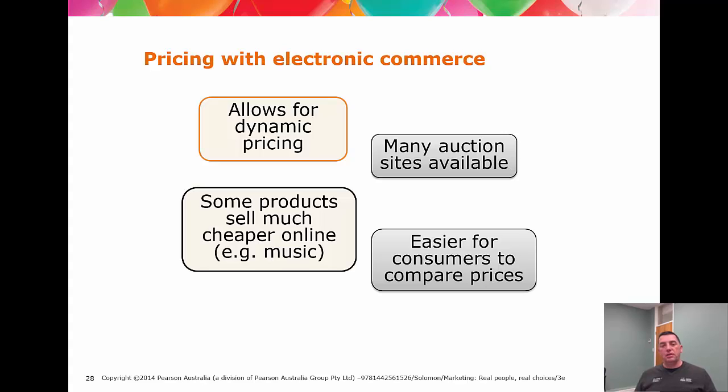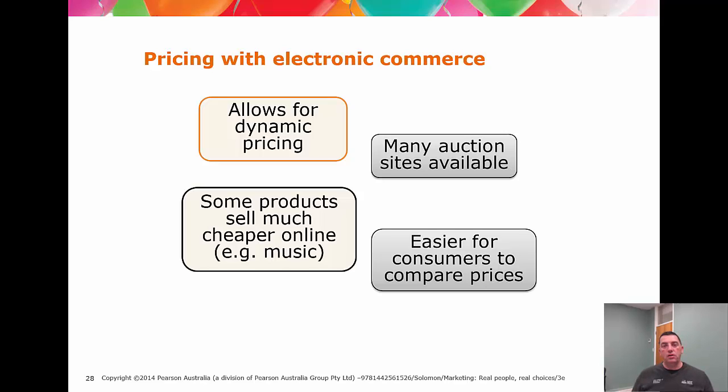Pricing with e-commerce has changed dramatically from when the textbook was even written. So some things are definitely different here. One thing to notice is what they call the Australia tax. Here in Australia, we often pay a lot more for our technology-based products than people in, for example, the United States or other parts of the world. So they call it the Australia tax.